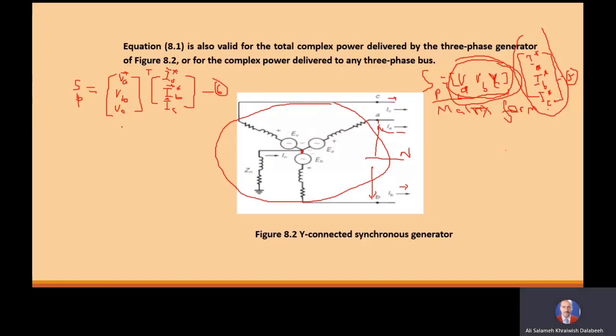Now, as we said, if the system is subjected to an unsymmetrical fault, then the system becomes unsymmetrical. How do we analyze the unsymmetrical system?